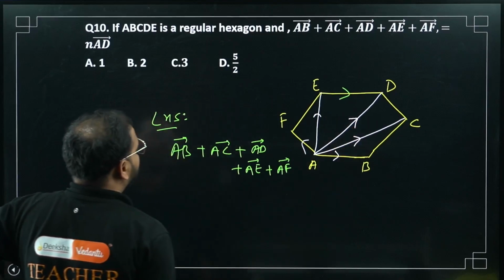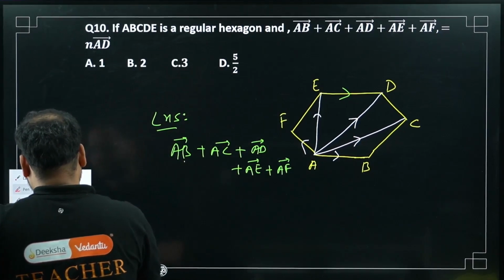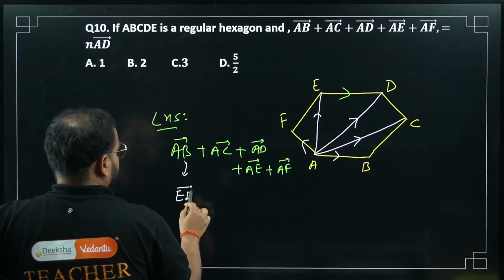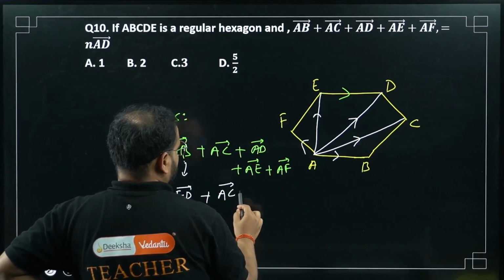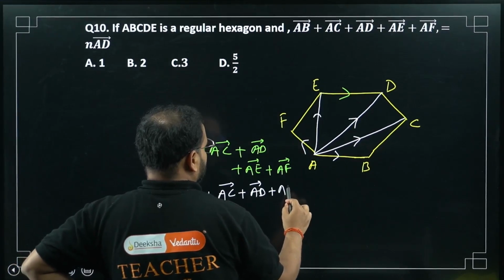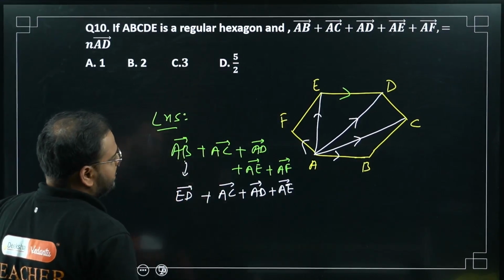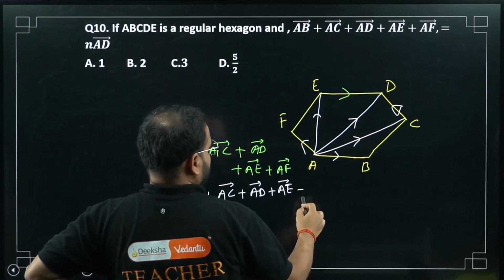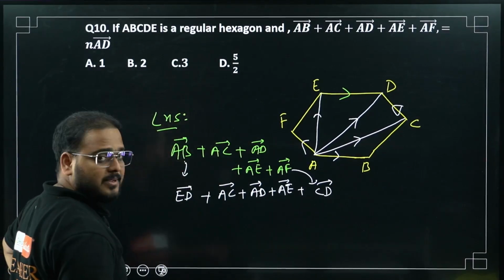So ED, right here instead of AB, write what? Please see this. AB, I'm writing it as ED. Now write AC as it is and AD as it is, and keep AE also as it is. What about AF? AF is same as CD. Write this AF as vector CD. Please check now.